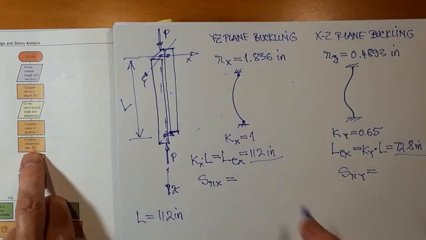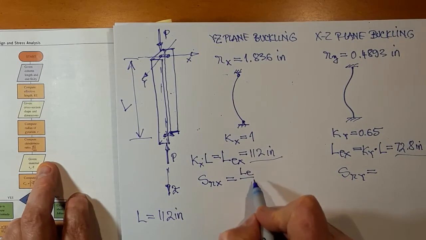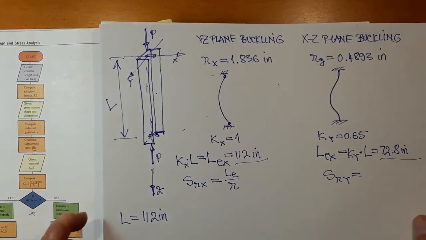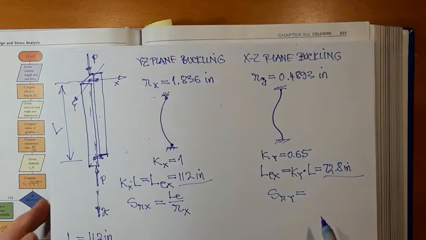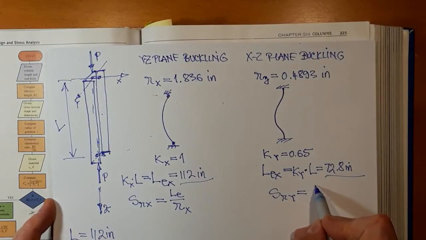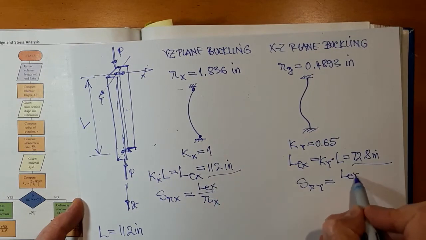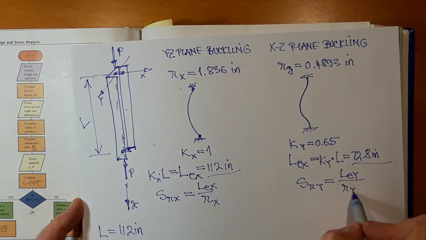Slenderness ratio is equivalent length over R about that respective axis. So equivalent length, and in the Y now over RY.